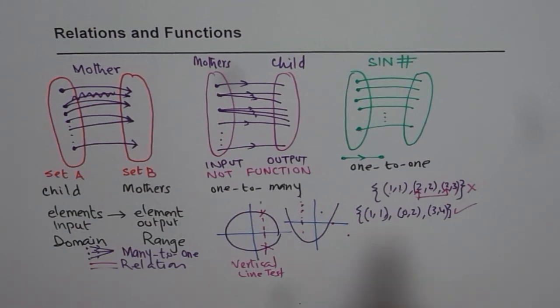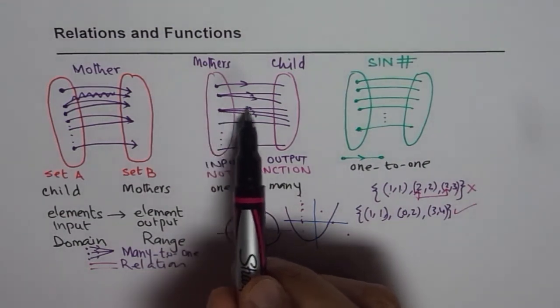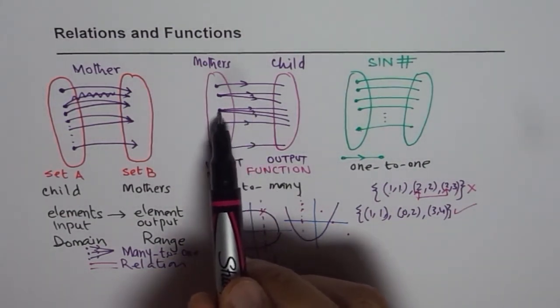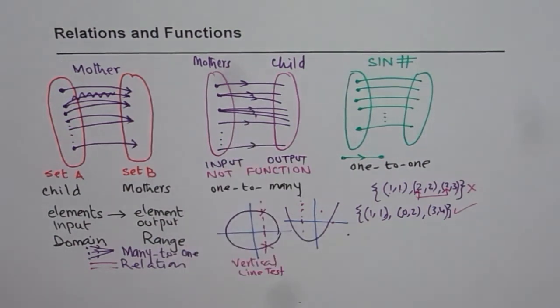So that is how you can check. I have told you how to see whether a given relation in the form of a mapping diagram could be a function. In a mapping diagram, you should see that it originates and doesn't go in a V shape. If it goes in a V shape, that means more than one, so it is not a function. When given as a graph, it should pass the vertical line test.